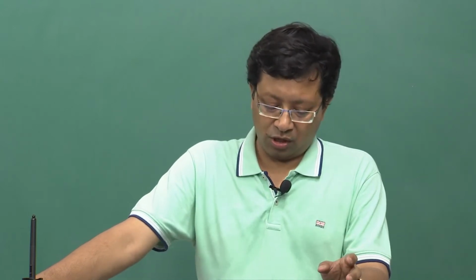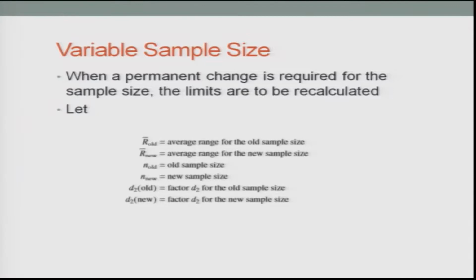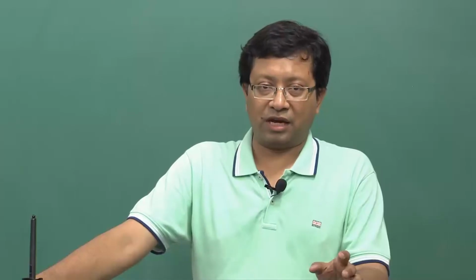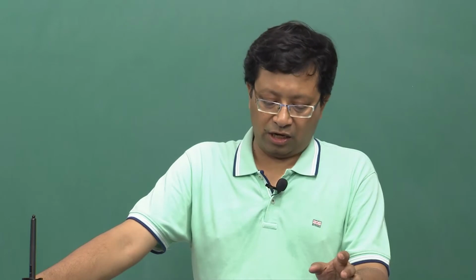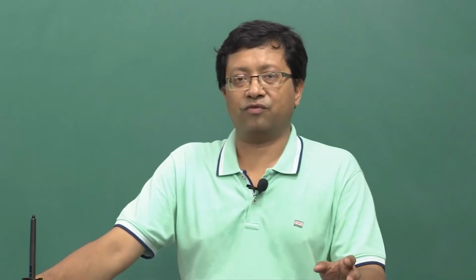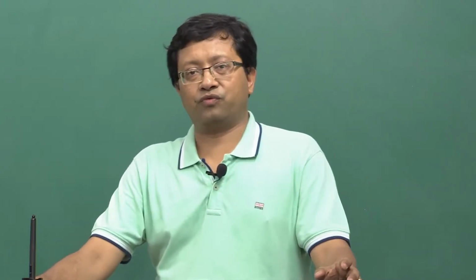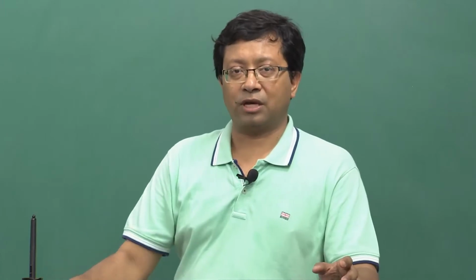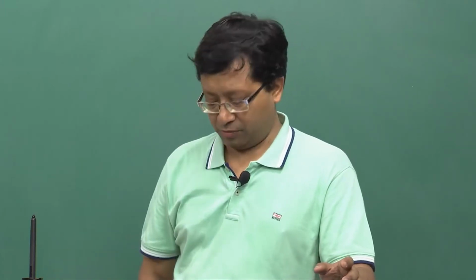So, D2 old would be the factor which you will be utilizing to multiply to find out the ranges for the old sample, which is N old, and D2 new would be the factor which will be used for the case when the new sample size, which is N new, is being utilized.